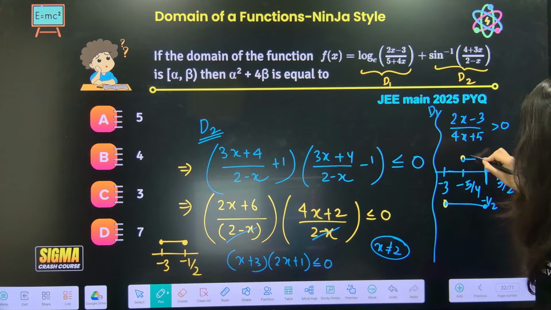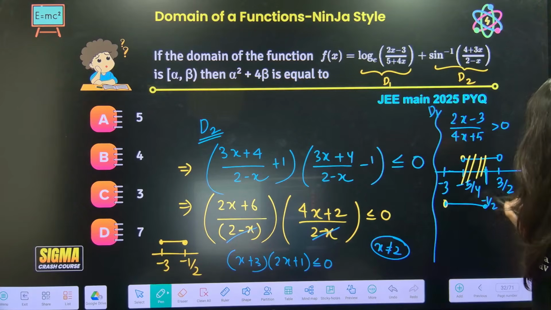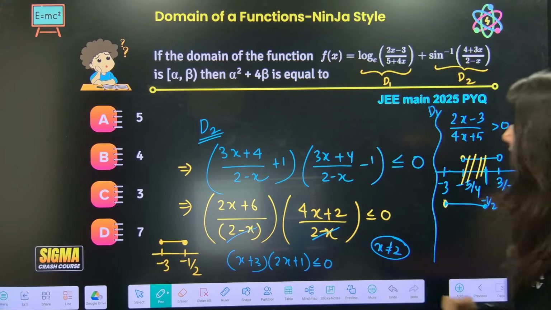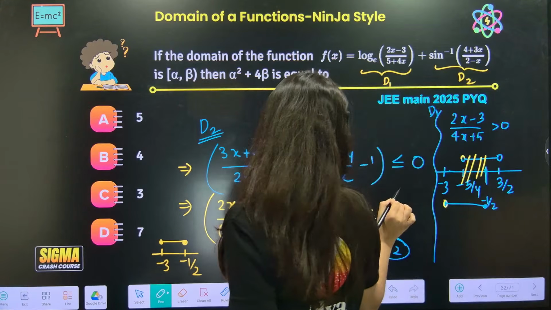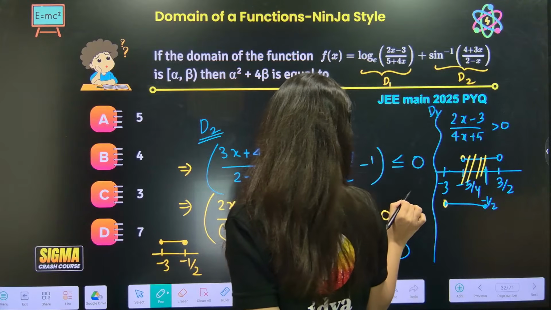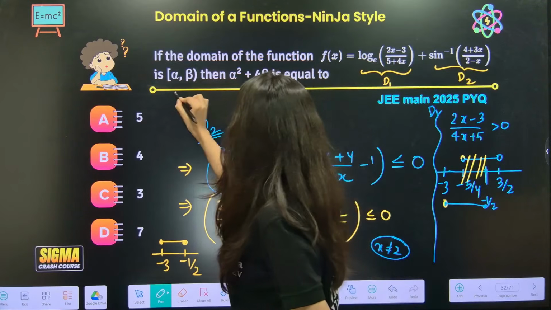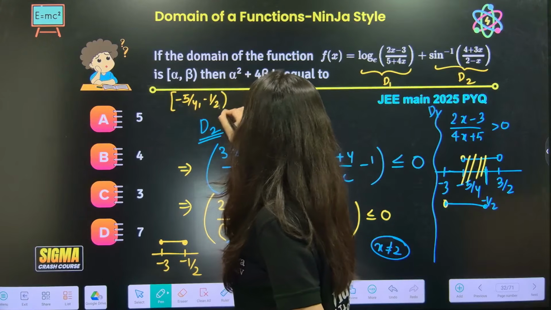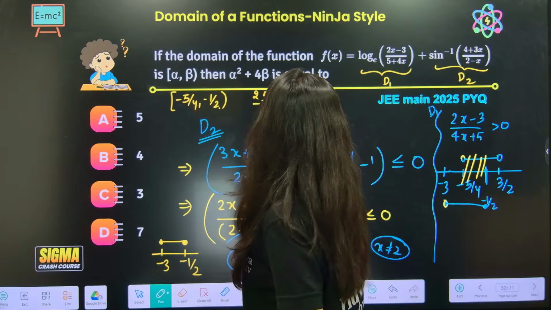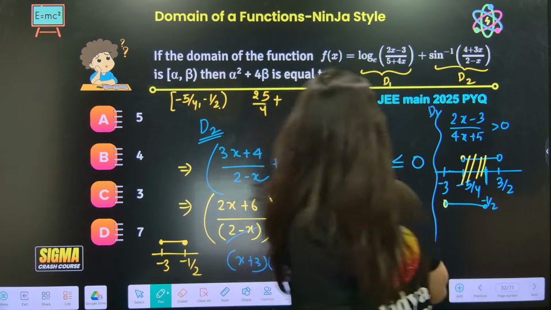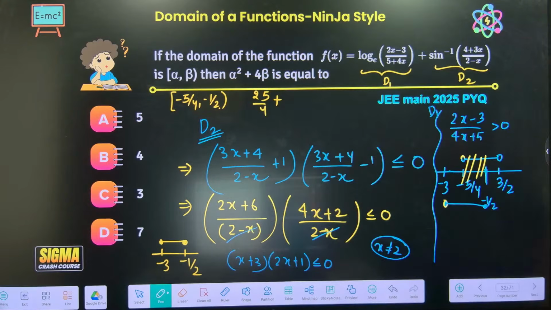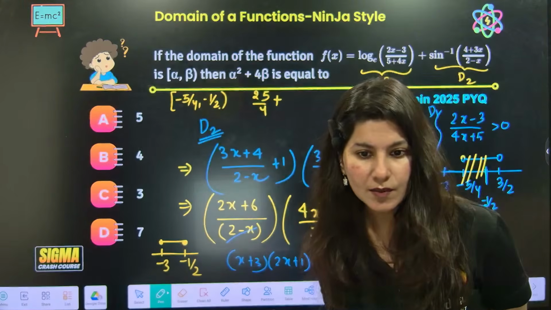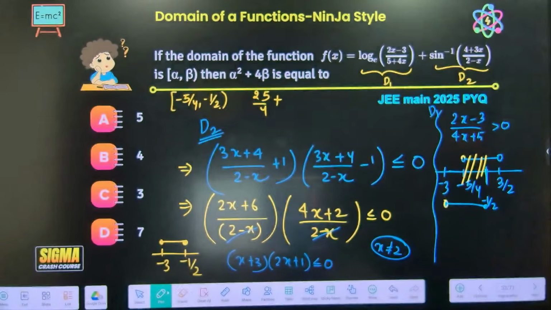Clearly the intersection area is this one. Minus 5 by 4 to minus half. Minus 3 to minus 5 by 4 is what they are saying.